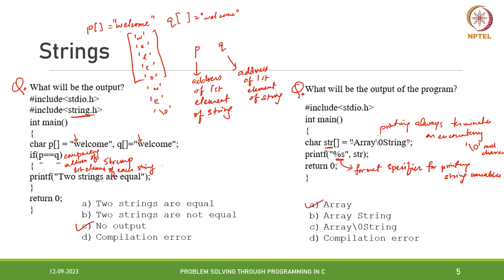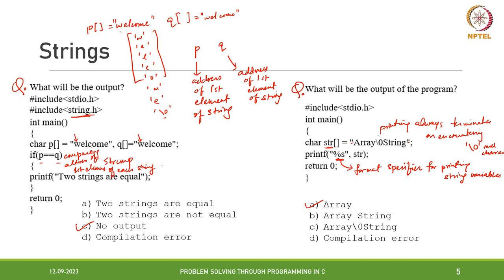Earlier, when I wrote how the welcome string is stored, I wrote a null character at the end. Every string defined in this form automatically has a null character added at the end. So when printing welcome, it will print up till E. It will not print the null character. Once it encounters the null character, the printing will stop.